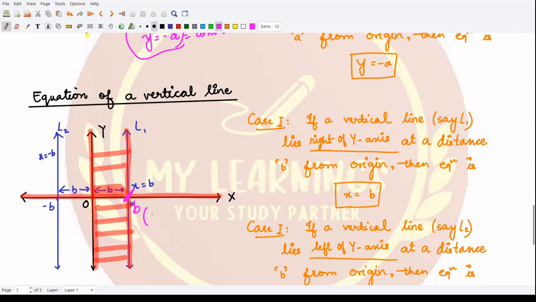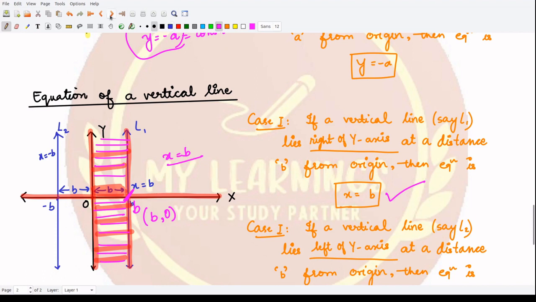The x distance is b and the y distance is 0 because it is lying on the x-axis, right? At every place the x distance is constant. Therefore, in this case, you have x is equal to b, correct? This becomes the equation of the line.